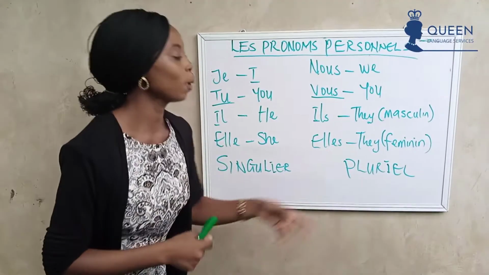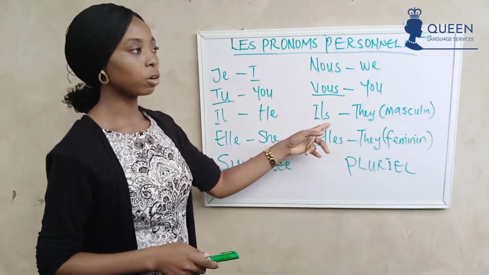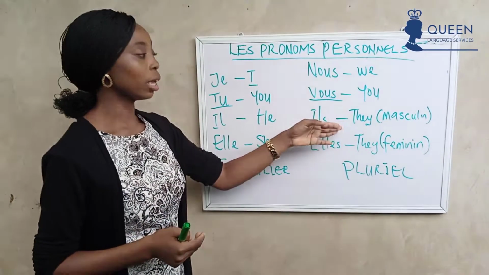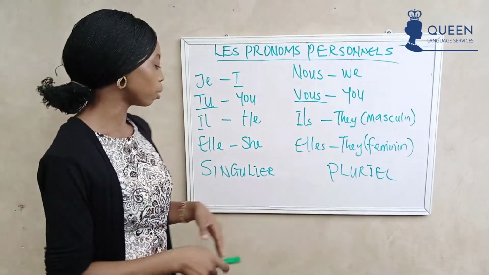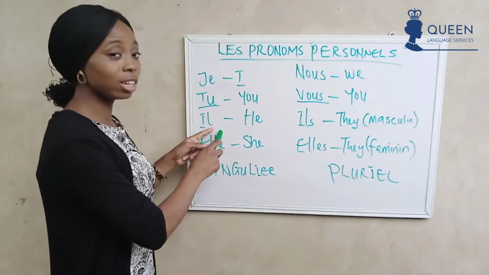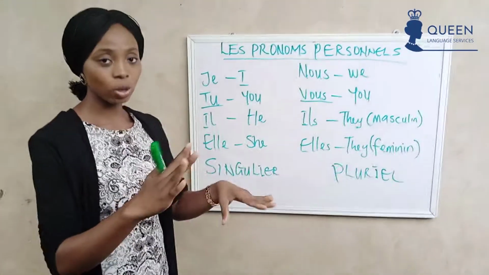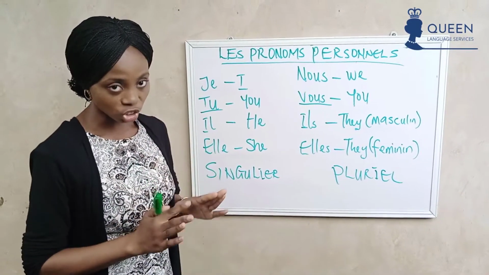So let's continue. We have ils. So we can see that there is s at the back of it. So that is an indication for us to know that this is talking about plural. It's not talking about just one person. But here, when you see il without an s, then you should know definitely that this is a singular form. It's talking about just one person, and which is a masculine gender.